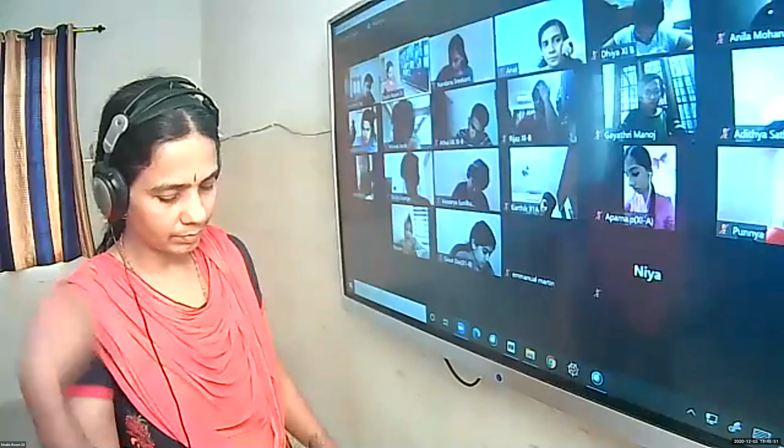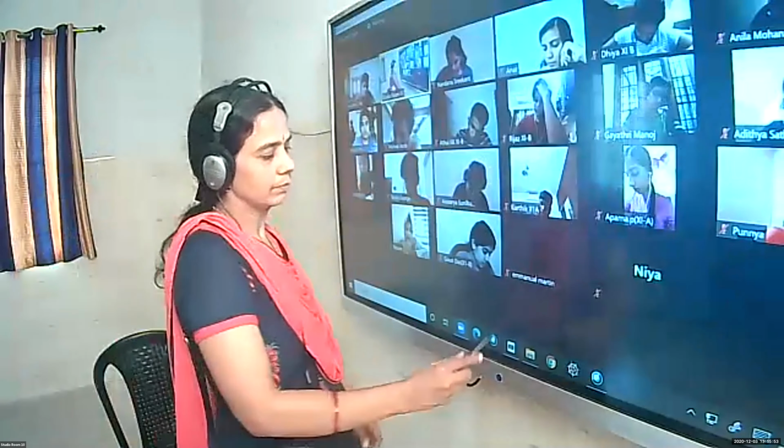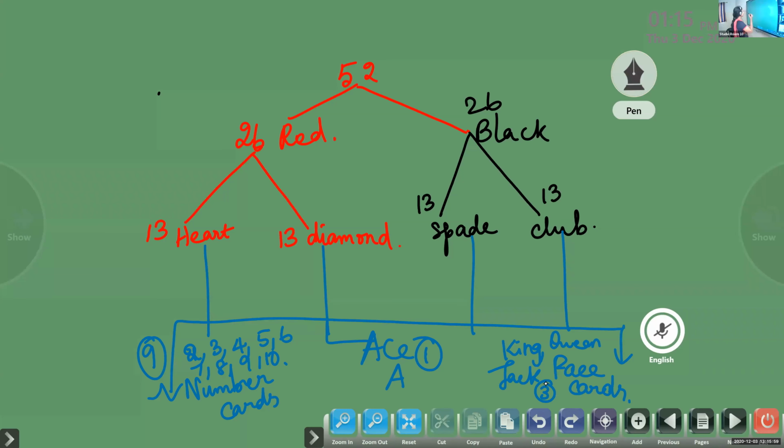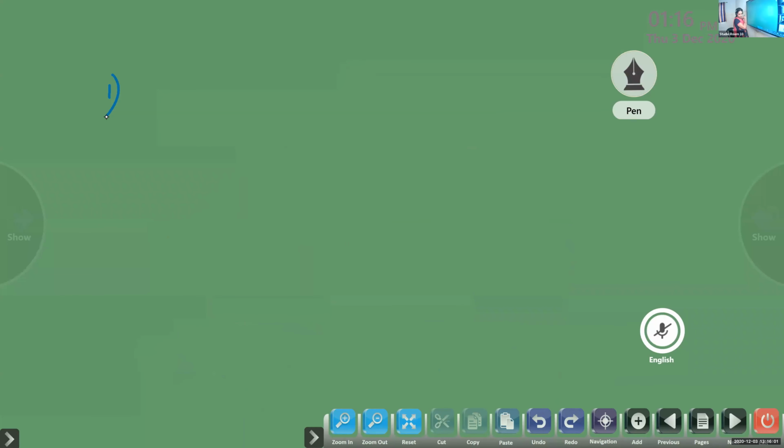First one, a 3 of club or a 6 of diamonds.